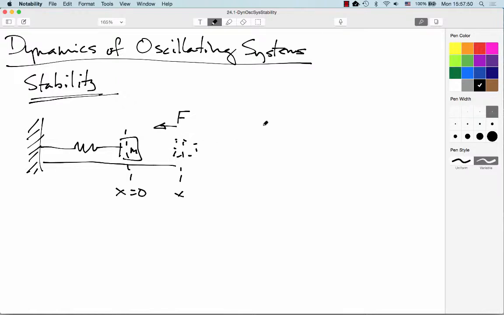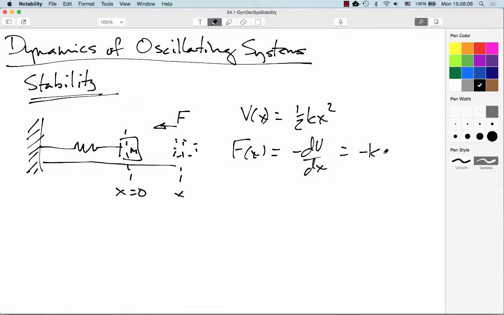Okay, so we can write the potential energy of that system as a function of the distance from equilibrium as 1/2 kx squared. And so the restoring force would be equal to minus dV/dx, which is minus kx.